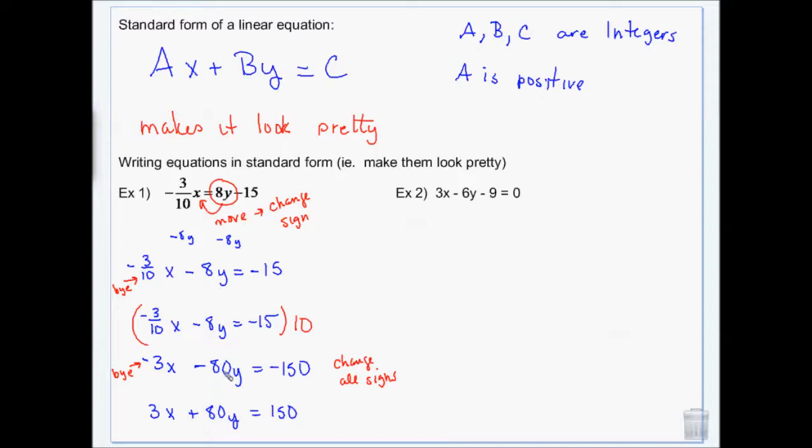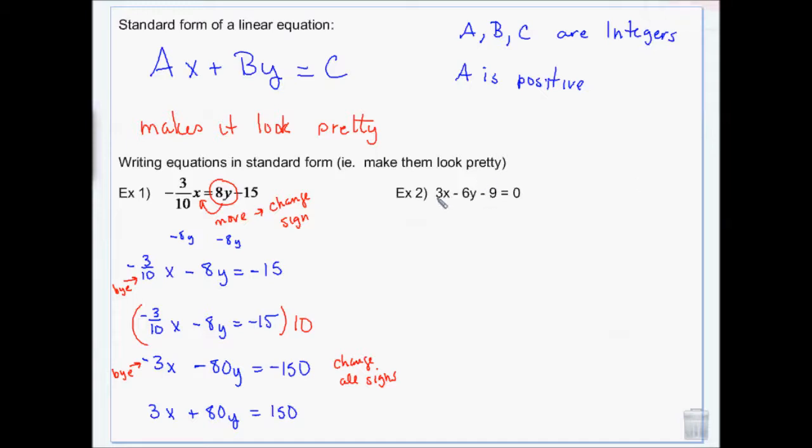If it had been a positive 80 here, then it would now be negative. And if this 3 was already positive, then I wouldn't have had to do anything. It's just that first number that needs to be positive, again because we're trying to make it look pretty, and it looks prettier if the first number is positive.